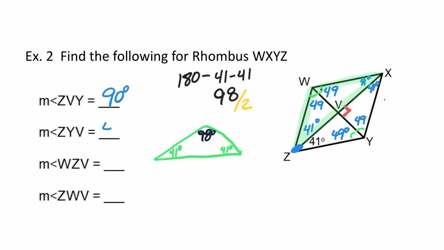So that's 49 degrees. And then from W to Z to V, 41 degrees. And then lastly, from Z to W to V, also 49 degrees.